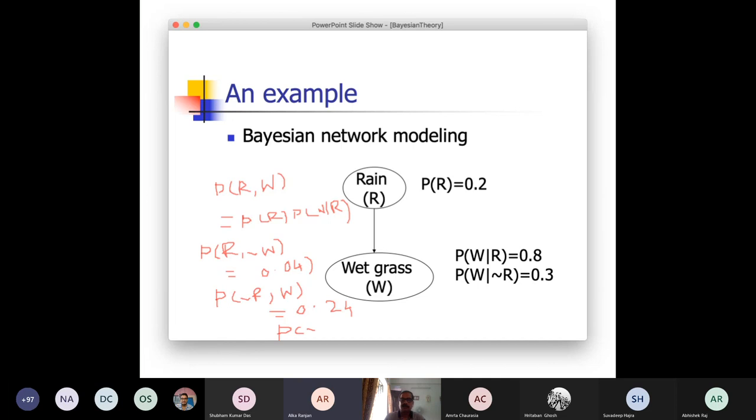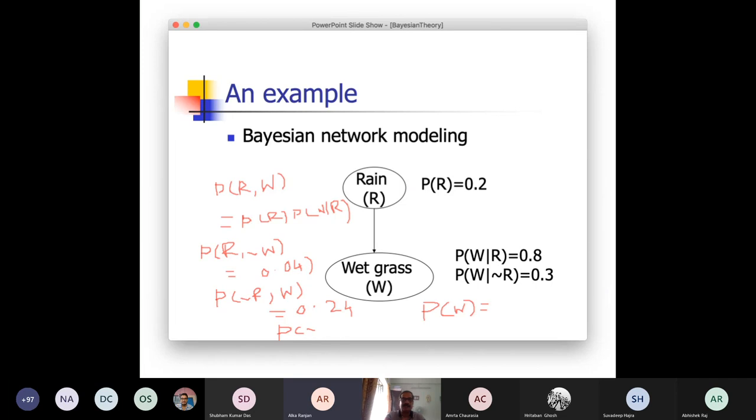Now you compute the marginal probability of W. What is the probability of W? When you compute the marginal probability, you consider all the cases in which W can occur.